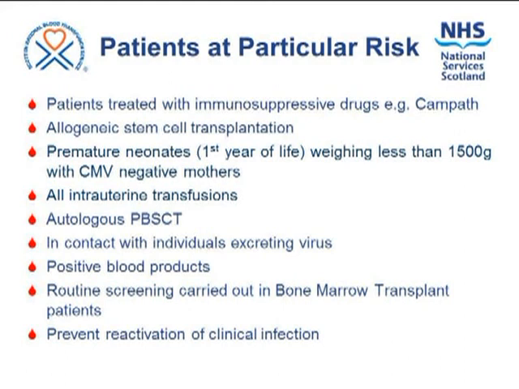Care is required for this type of patient to minimise the risk of contact from individuals excreting the virus. It is important to ensure that they are not given positive blood products when they are seronegative. Routine screening is usually carried out within high-risk patient groups.